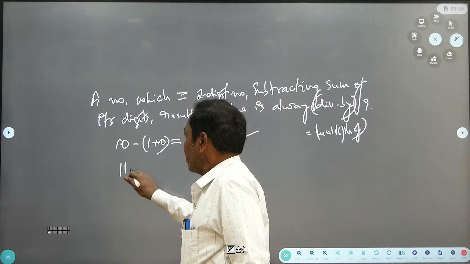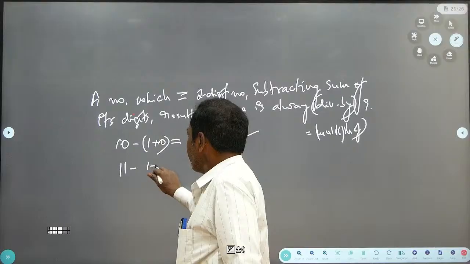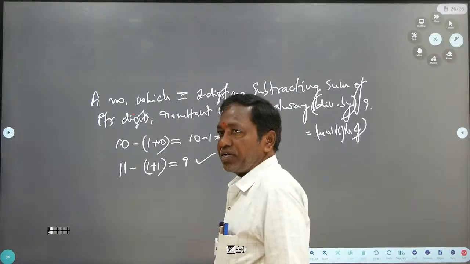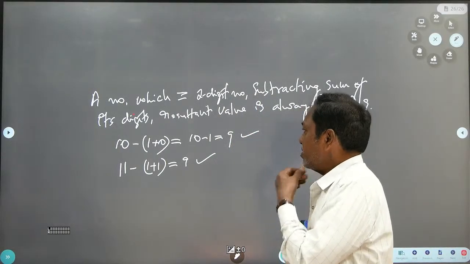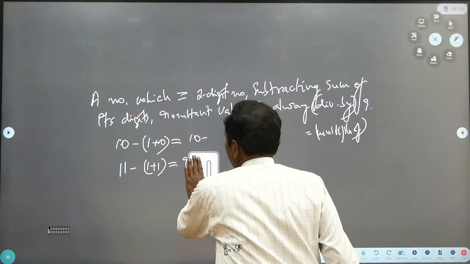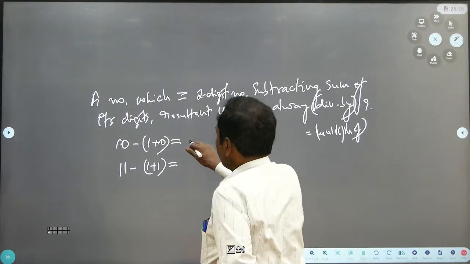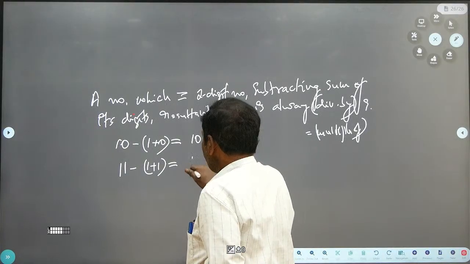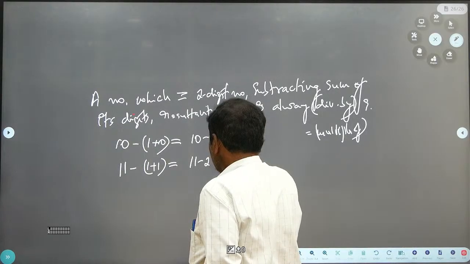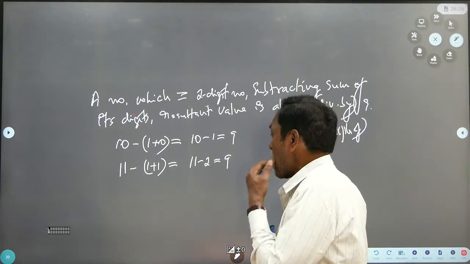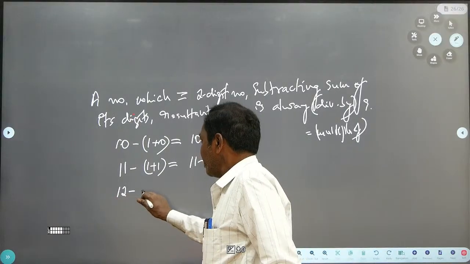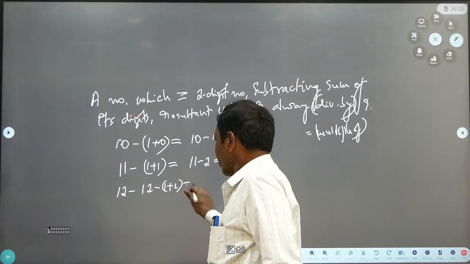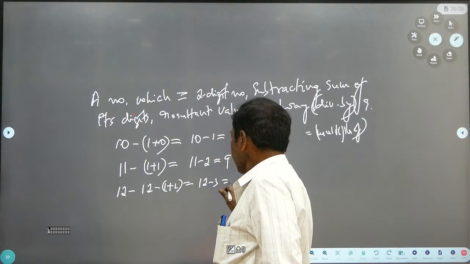Say for example 11 minus 1 plus 1, that is 9. 12 minus 1 plus 2, 12 minus 3 is 9.